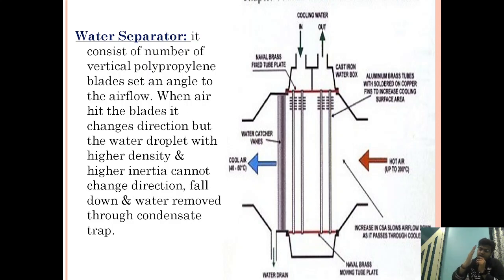This water mist catcher consists of blades placed in this direction, and when the air comes, it hits them. The water, being heavier, will not be able to change its direction, and it will fall down, but the air, being lighter, will move away. Okay. So I hope you will understand.